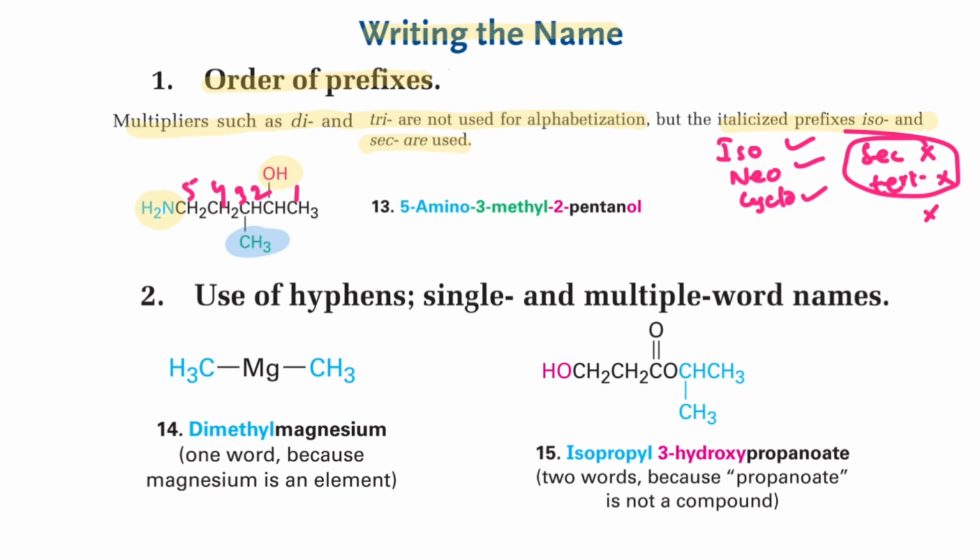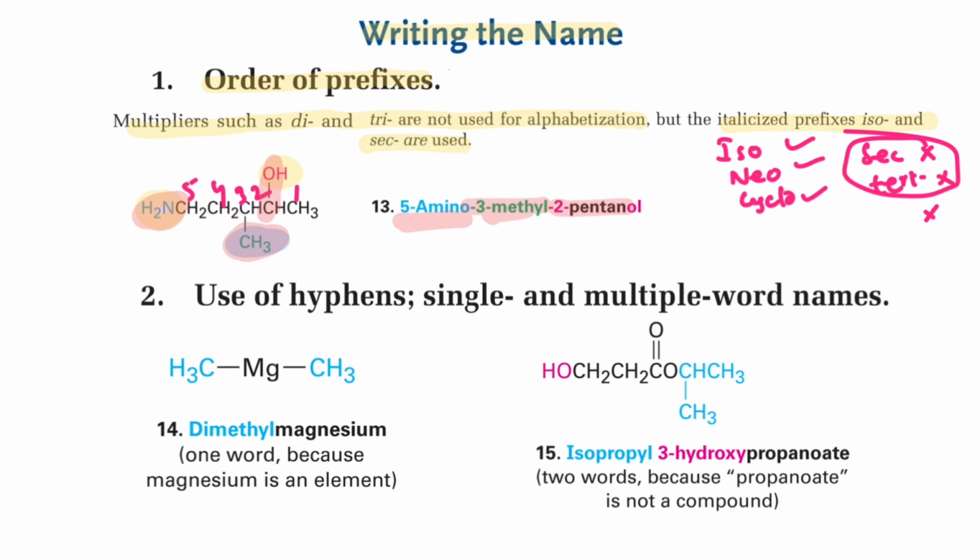Therefore, the name is 5-amino-3-methyl-2-pentanol. Second position we have the alcohol, therefore 2-pentanol.